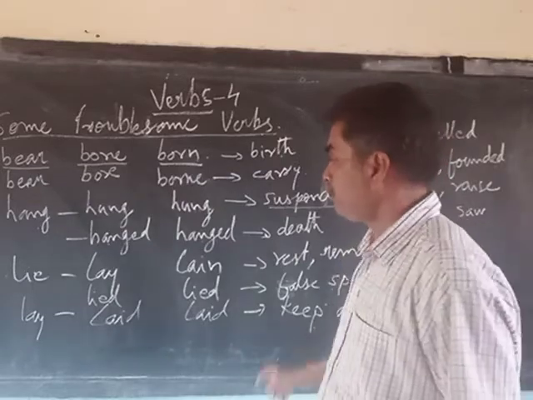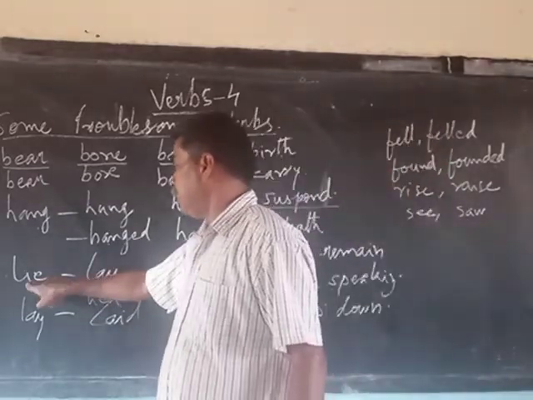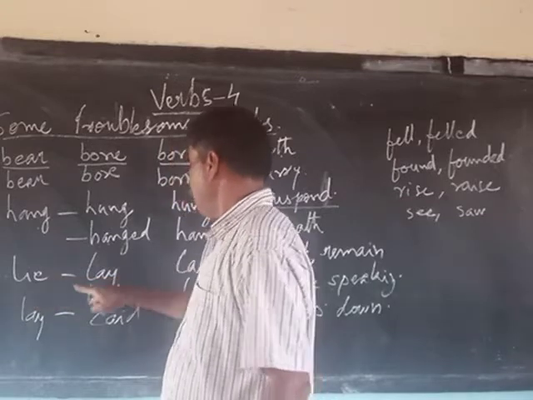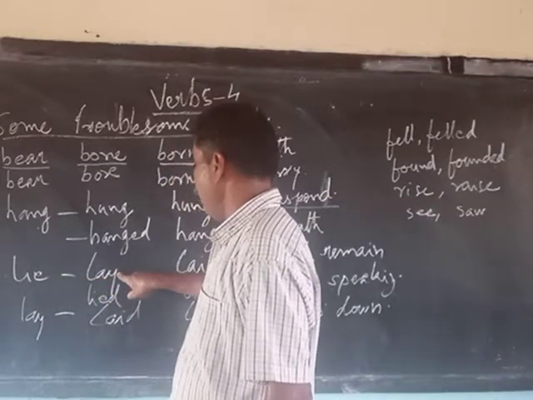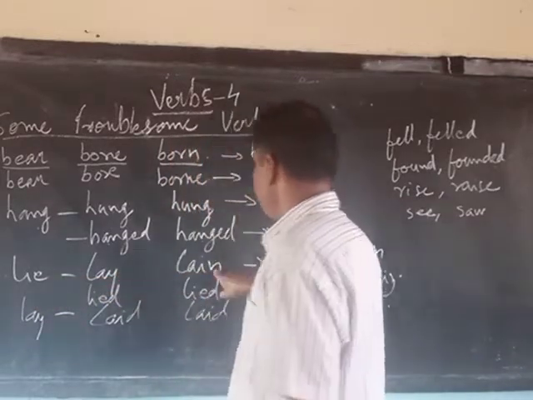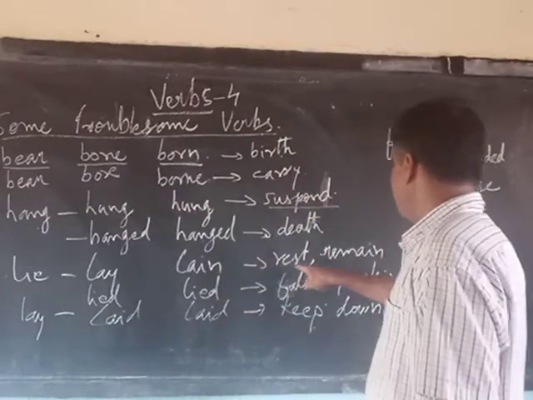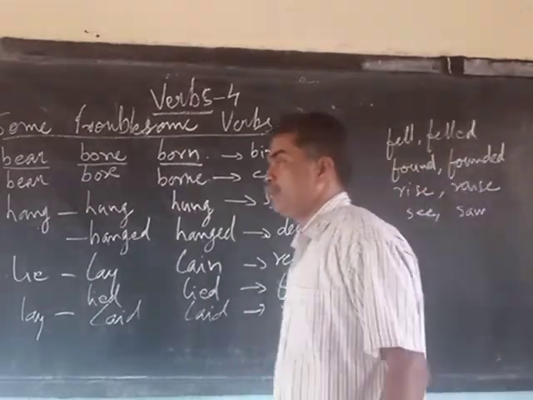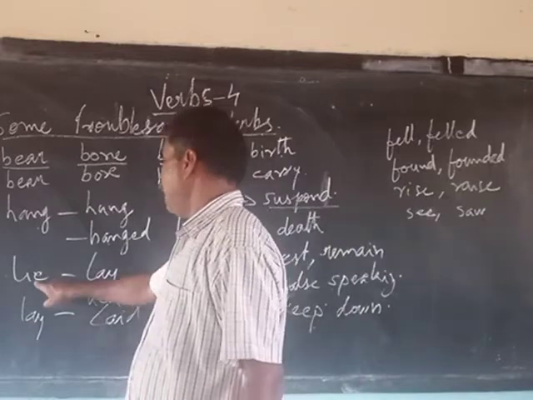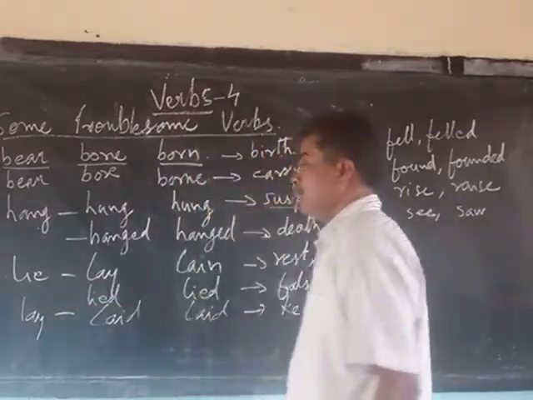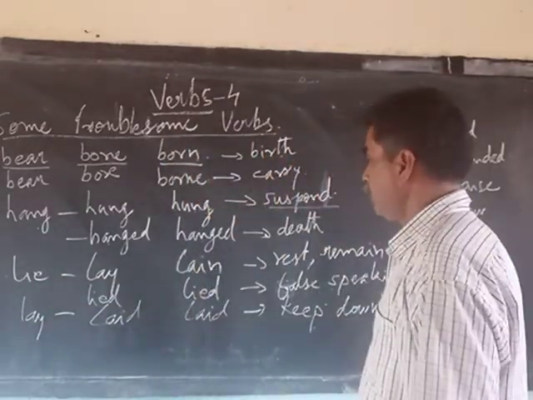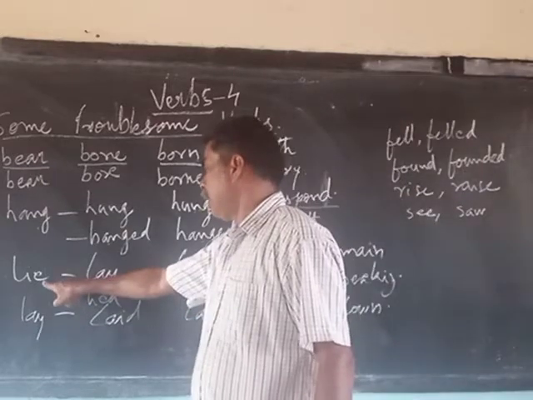Is that clear? Next, lie. L-I-E. Past tense, one word, L-A-Y, lay. Past participle V3 form, lain. Rest or remain at a place. Okay. Lie. He lies on the grass.